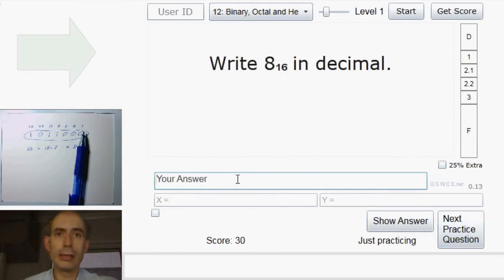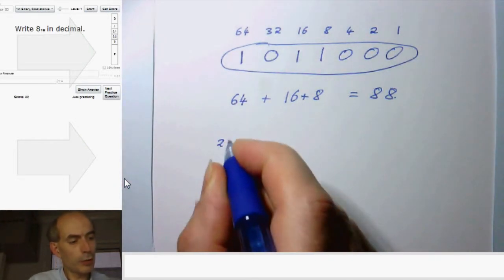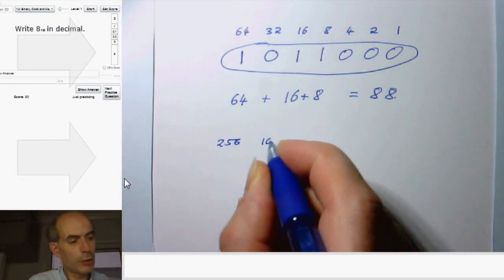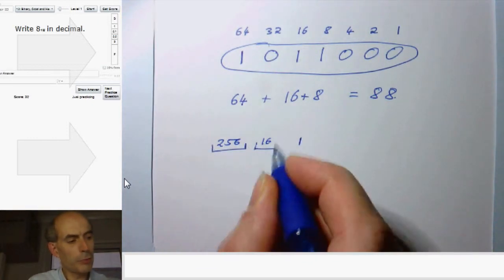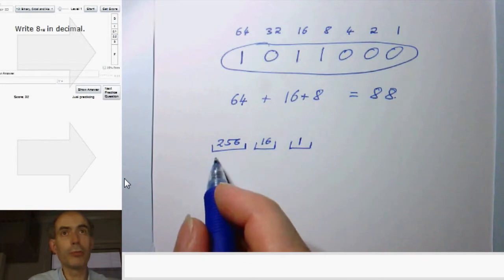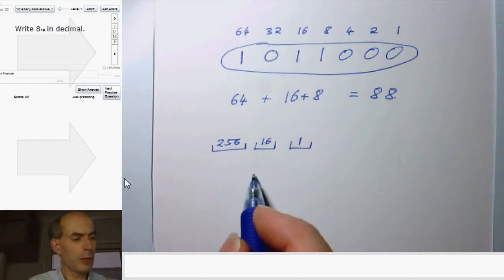This is astonishingly easy. That's 8 in decimal, and we want it in hexadecimal. In hexadecimal, we have columns which are the 256 column, the 16 column, and the units column, and you can put a number up to 15 in any of these columns. Well, we can't put a 1 in the 16s column, because that would mean the number was at least 16, and this number is 8.